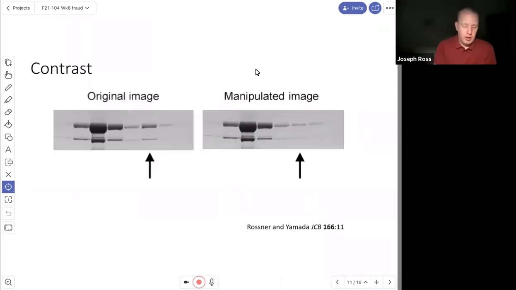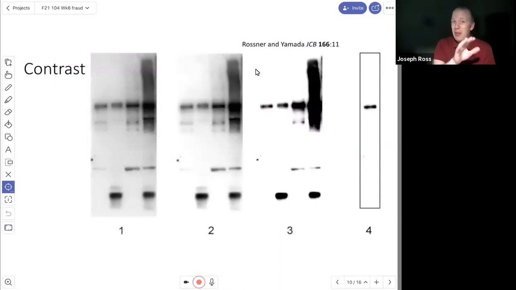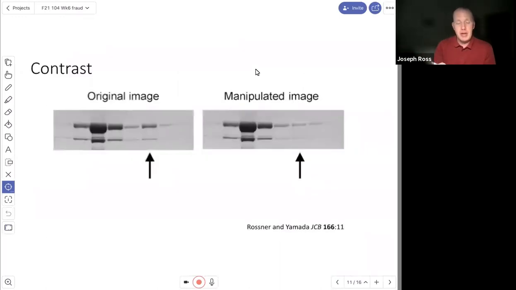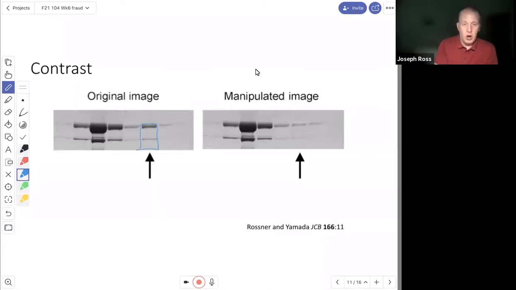Likewise, this is very similar. You're not allowed to change the contrast of one part of an image if you don't apply that to the whole image. The good part about the previous example was they applied the change in contrast to the entire image. So every bit of that data was affected similarly by what the authors were doing in Photoshop or whatever program. But here, what the authors did was they didn't like the fact that that band was so dark. And maybe this is a dilution series, so the bands should go from dark to light in order.